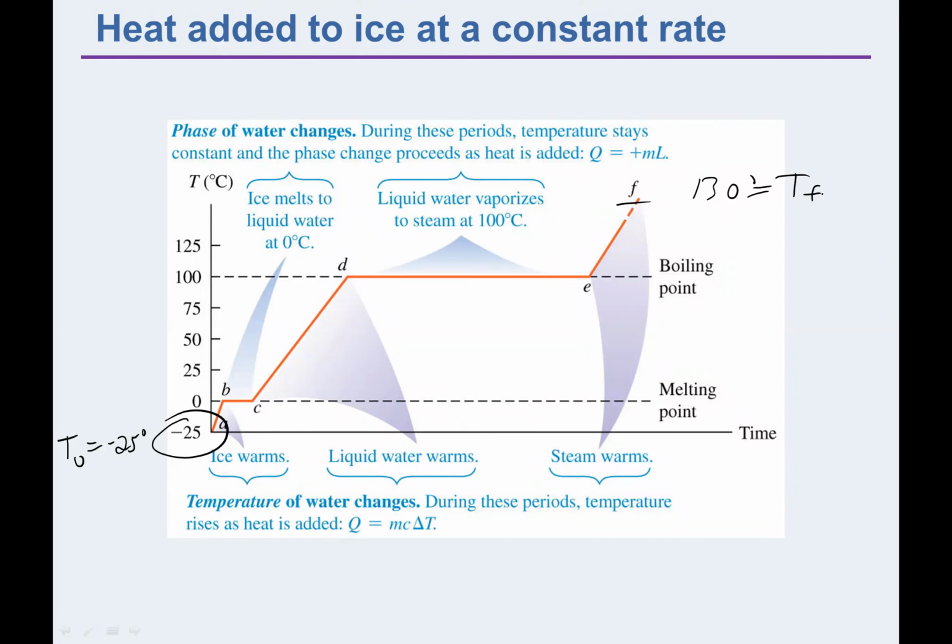Now, what we learned is that between those two temperatures, negative 25 and 130, we're going to have two phase changes, because the ice cube is going to melt, then the water is going to evaporate. That means I need to take into account all of those phase changes, plus all of those instances where the temperature is increasing because of the added energy.